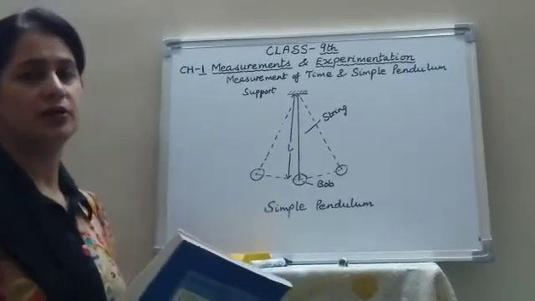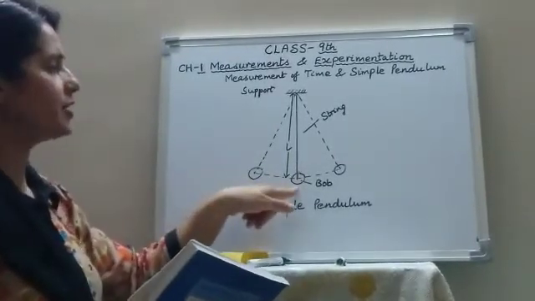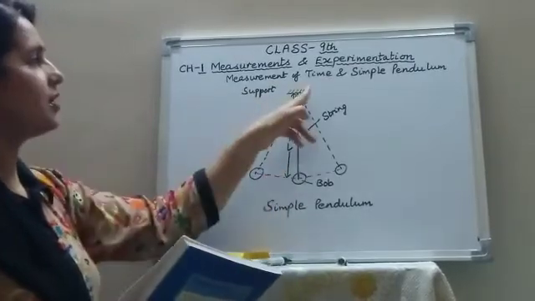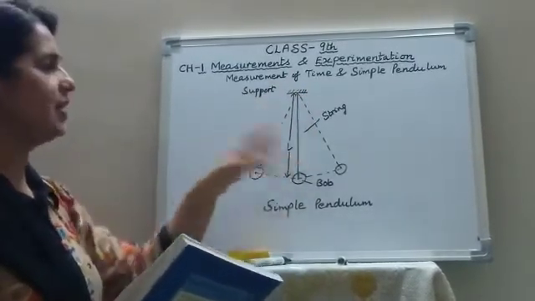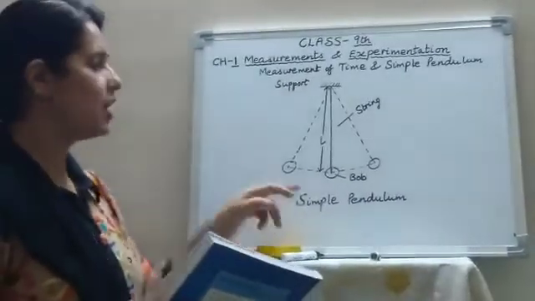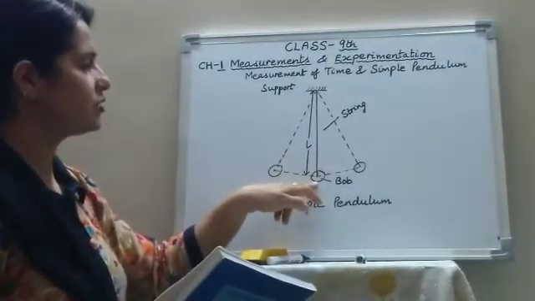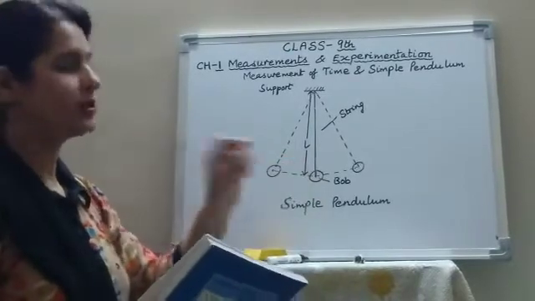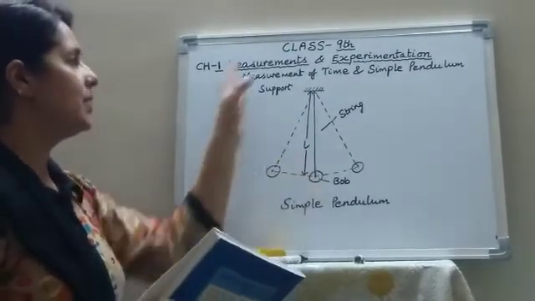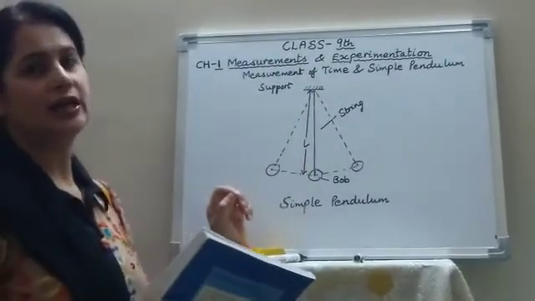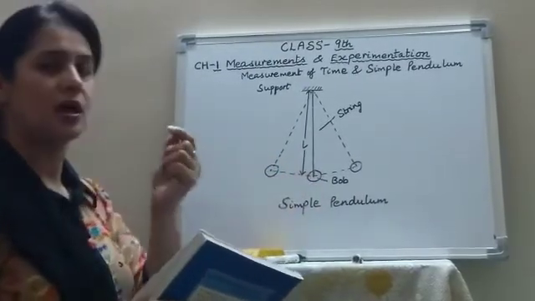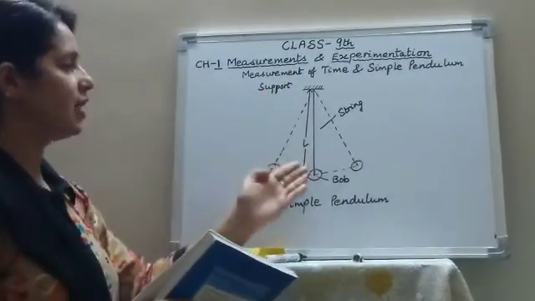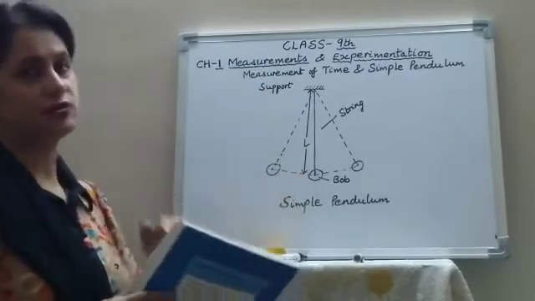Now what is a simple pendulum? A simple pendulum is a heavy point mass suspended from a rigid support by a massless inextensible string. So this heavy point mass is also called as bob. It is made up of metal. But this is only the ideal case because we cannot have a heavy mass of a point size and we cannot have a massless string also.